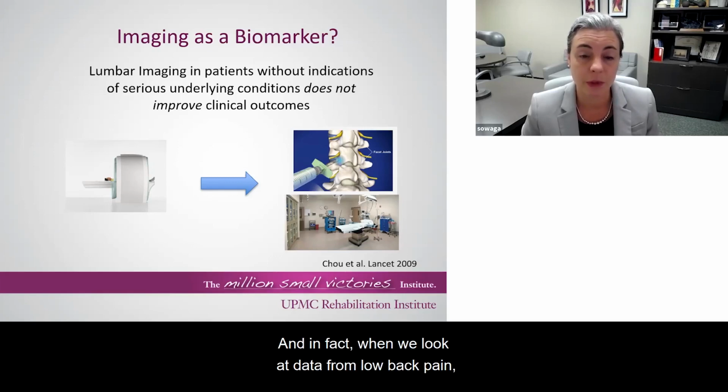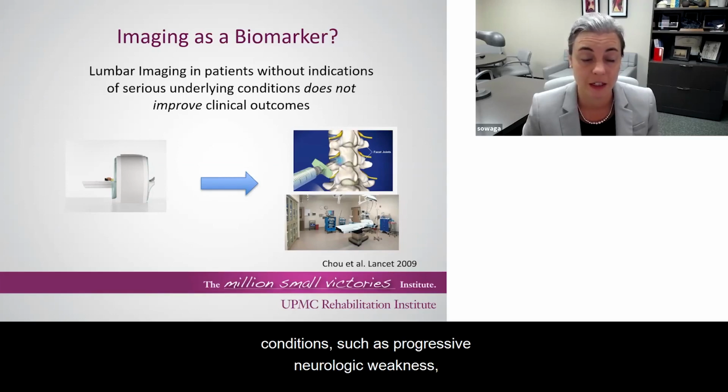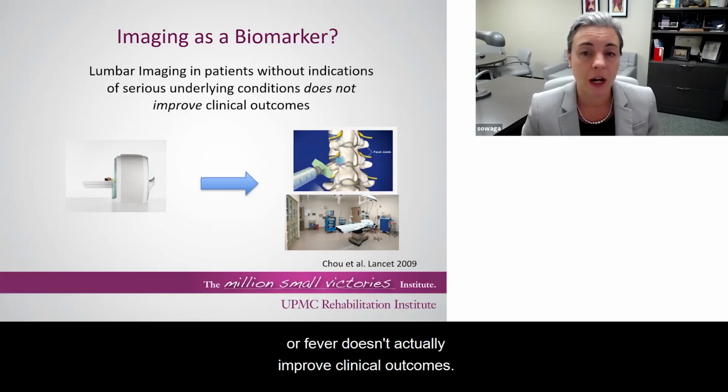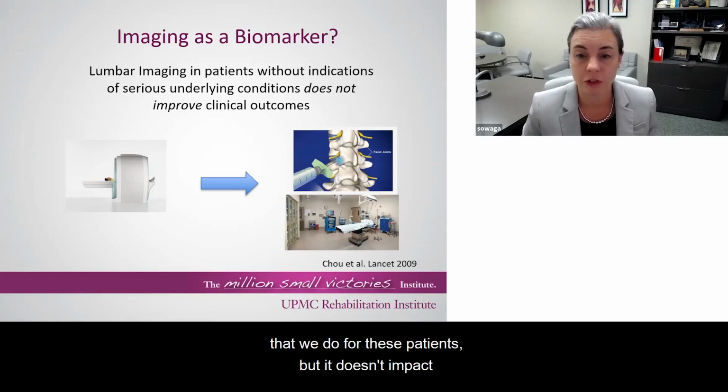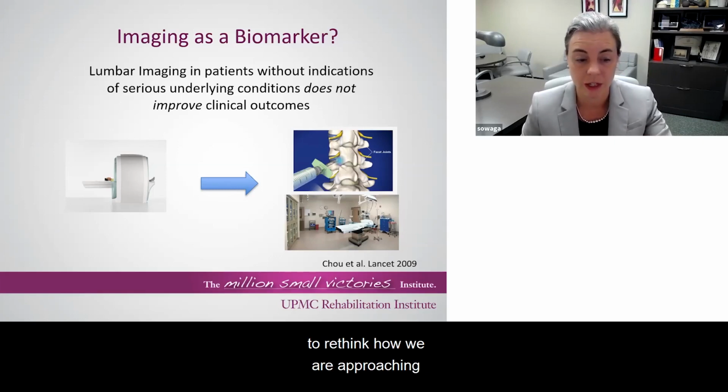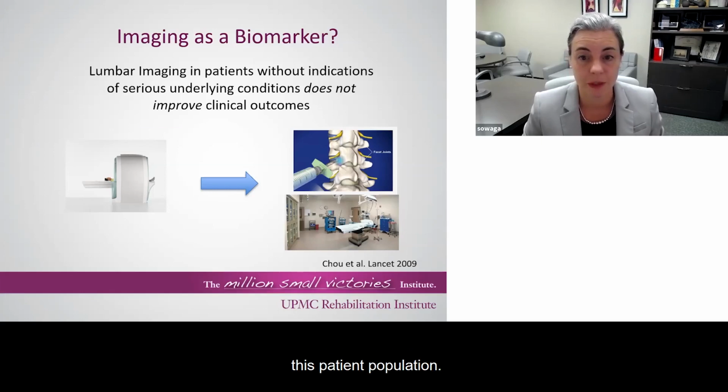And in fact, when we look at data from low back pain, what we see is that advanced imaging for patients without any indication of serious underlying conditions or red flag conditions such as progressive neurologic weakness or fever, doesn't actually improve clinical outcomes. What it does is increase the number of interventions that we do for these patients, but it doesn't impact their functional outcomes. So this tells us we really need to rethink how we are approaching this patient population.